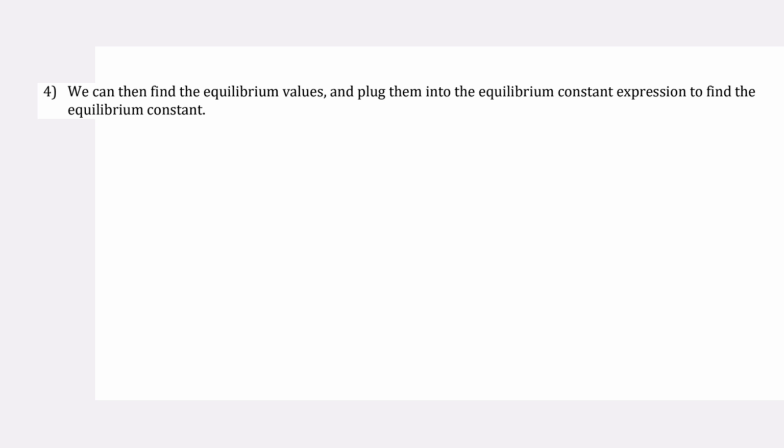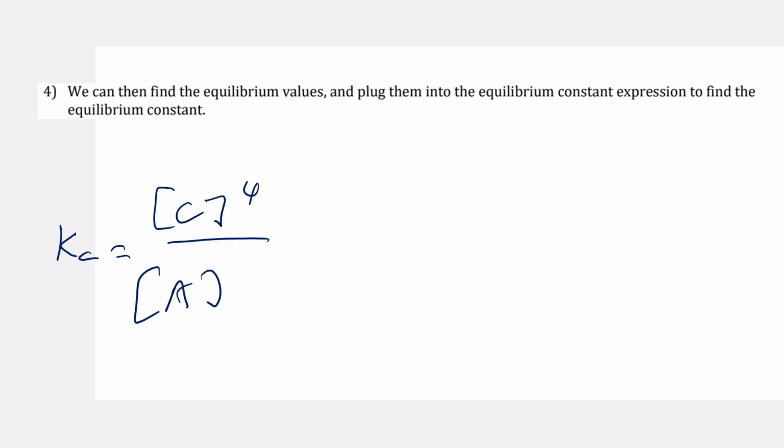We can find the equilibrium values, which we did, and then plug them into the equilibrium constant, which we said was K sub C equals C to the fourth over A, then over B squared. Something I would do math-wise is put my denominator in parentheses so I can make sure that it's keeping everything where it needs to be.